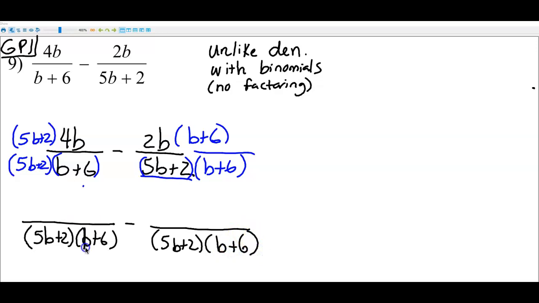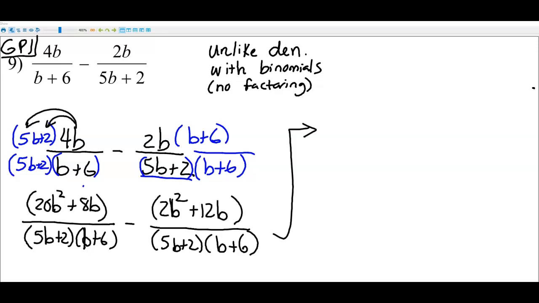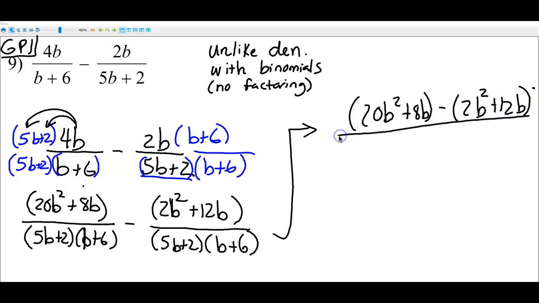And be careful. There's B's up here and there's 6's. Try not to get them mixed up. They look the same. And all that means is you're going to take the two tops there with the sign in between them and put them over the common denominator there.